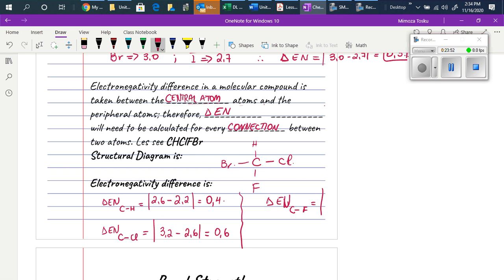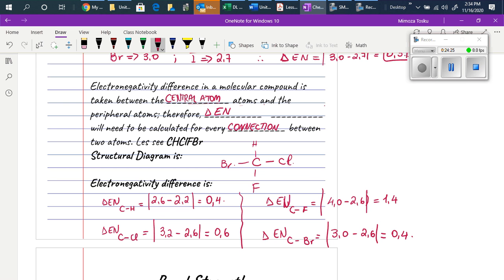Fluorine has the highest one, so 4.0 minus 2.6 is equal to 1.4. The last one is the difference between carbon and bromine. Bromine has 3.0 minus 2.6 in absolute value, so this will be 0.4.